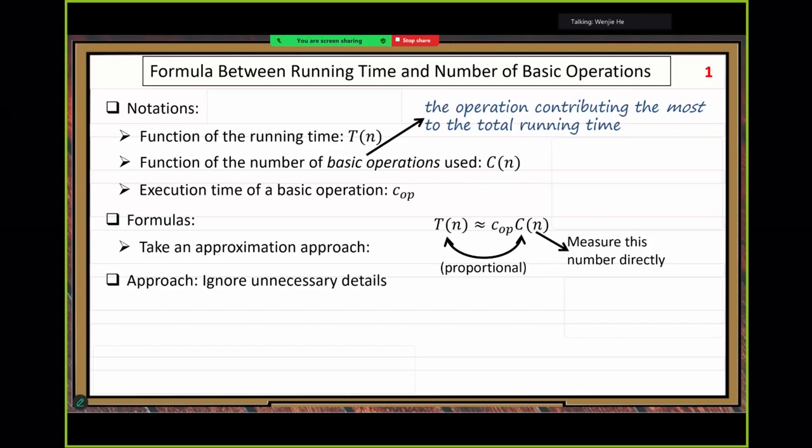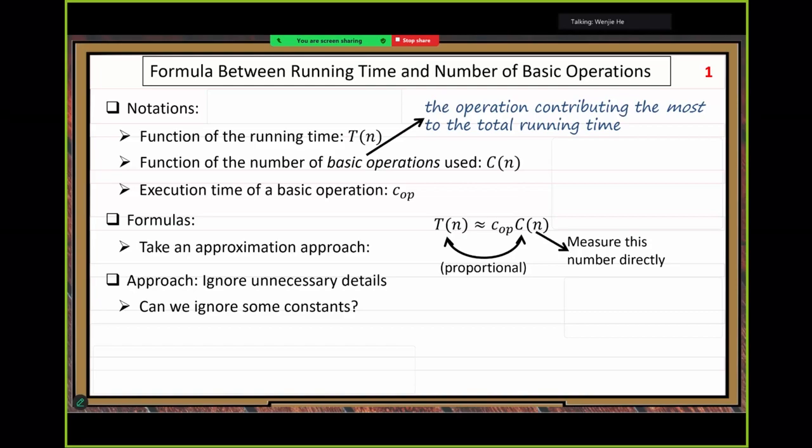Some details are not that important, because we take the approximation approach, so we can ignore them.